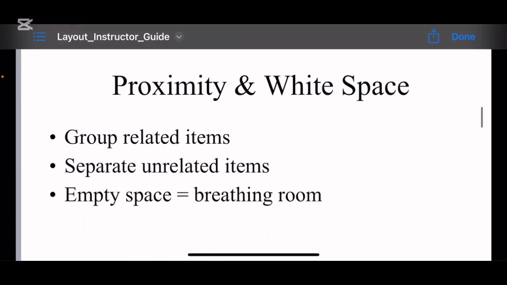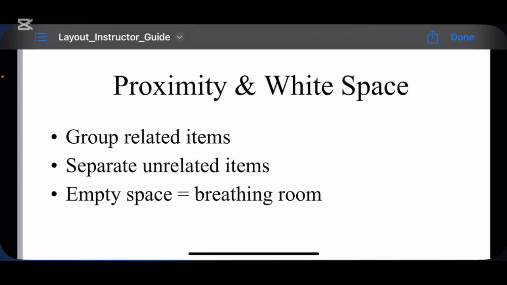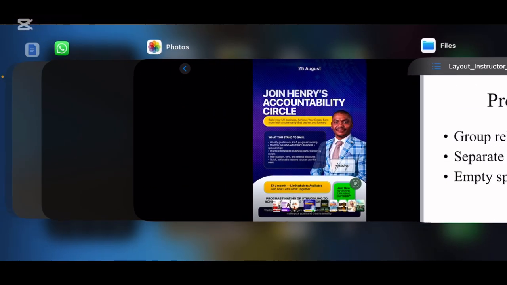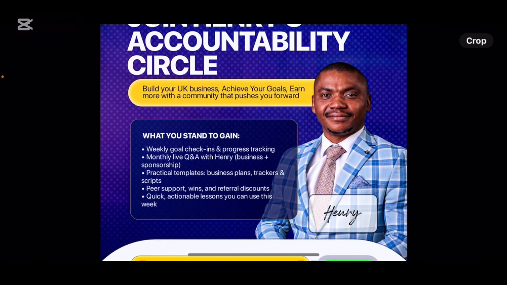You understand? So proximity and white space. We use proximity and white space by grouping related items, separating unrelated items, and using empty space to give your design breathing room. So we group everything here as the content.